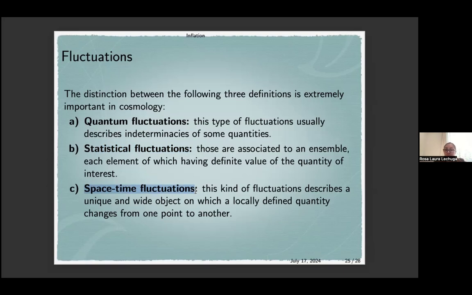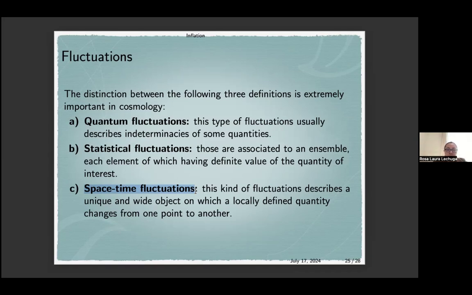For example, the same case could work with the temperature: if I measure the temperature over an object in one point, and then measure the same quantity in a different point, and I consider the change between them, I think of a space-time fluctuation, even if I work with the same quantity. But in the case of statistical fluctuations, it's really important to have in mind that we have a big collection of objects, or an ensemble.